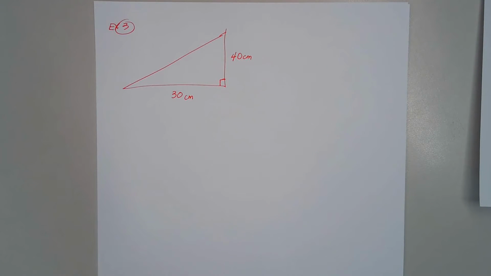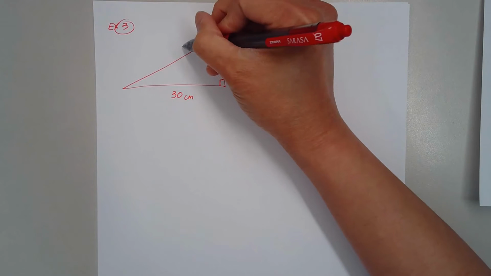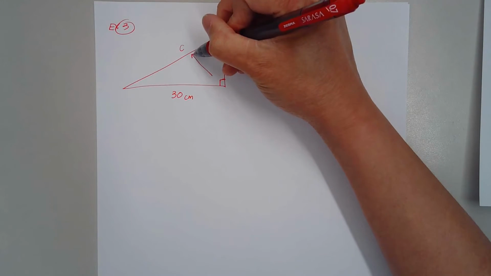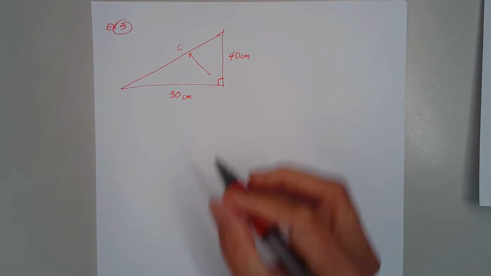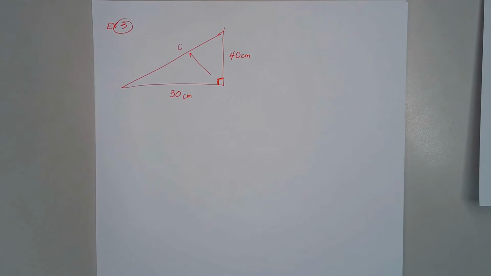A, B, or C? C. And how do you know we're solving for C? Because of the 90-degree angle. Yeah, because this missing side is right across the 90-degree angle. Everybody agree? We're solving for C? Okay, good. So go ahead and write your formula down, the Pythagorean theorem formula.